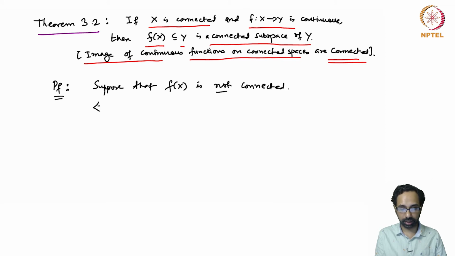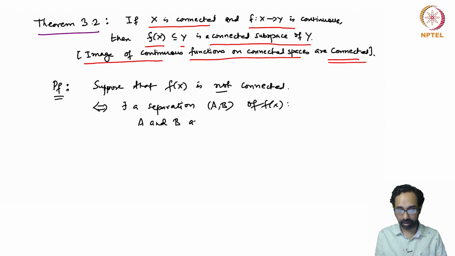So this means that there exists a separation A, B of f(X). So what are A and B? So A and B are non-empty open subsets of f(X).